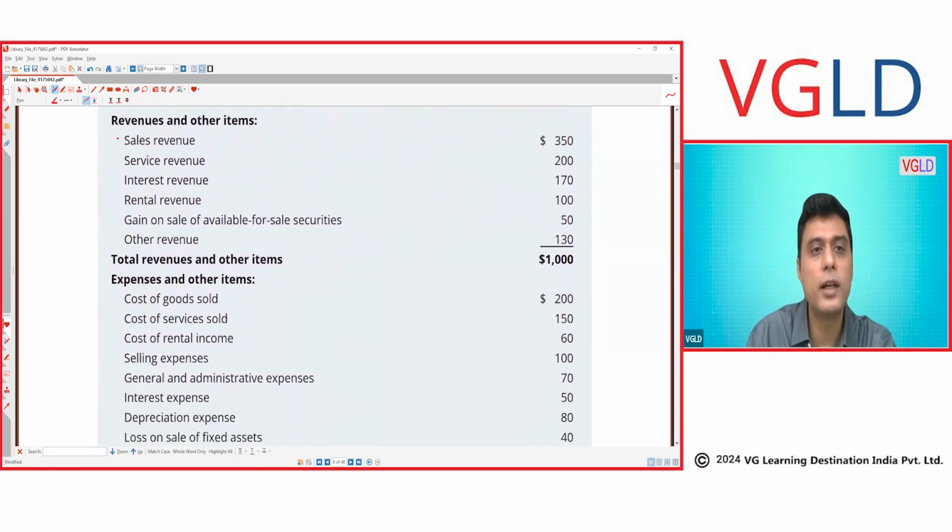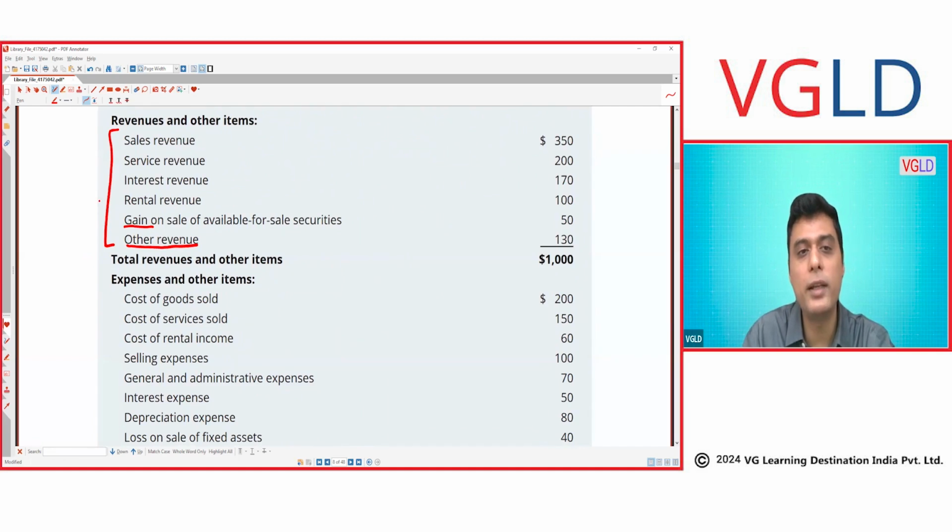See, all revenues are at one place. Revenues and gains. So there is no operating, non-operating here. Everything has been put at one place. Of course, these are the operating. Probably that depends on the nature of the company. Interest revenue could be operating, may not be operating.